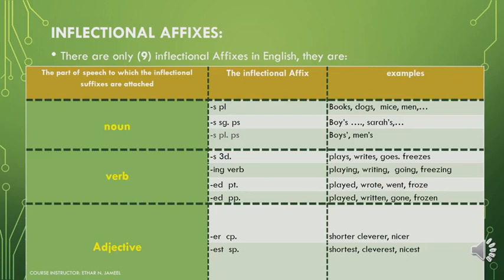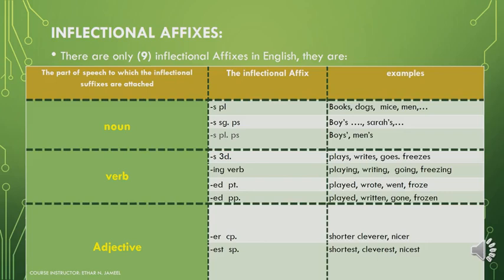You can write EDPP, it's enough. Or ing verb, you can even write it as VB, S3D, etc. So you have to memorize the short symbols for each one of these inflectional affixes because they are 9 only, so it is easy to memorize their symbols.